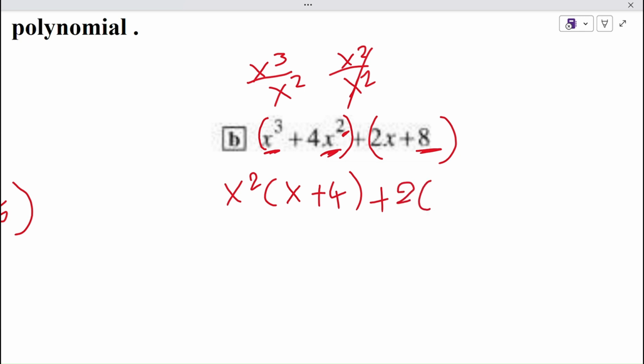Why didn't we take out this x? Because we have no x here. That's why we didn't take out this x. We take out this 2. So 2x divided by 2 is equal to x, and 8 divided by 2 is equal to 4, plus 4.